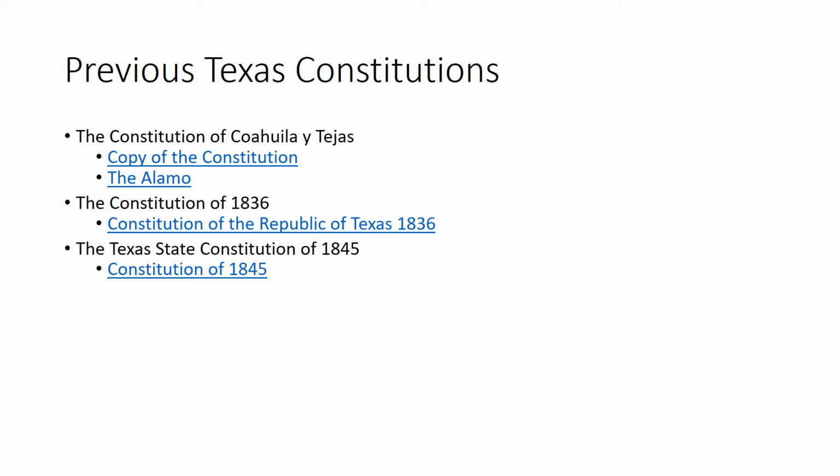Now, while the 1836 Constitution called for Texas to join the United States, Texas remained an independent republic for 9 years. The primary roadblock to annexation was the concern that Texas would enter the Union as a slave state, disrupting an already delicate balance.